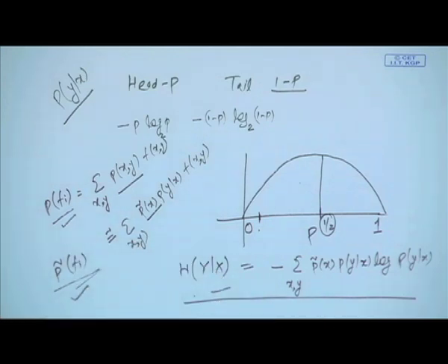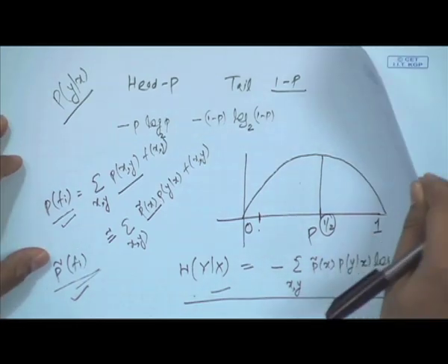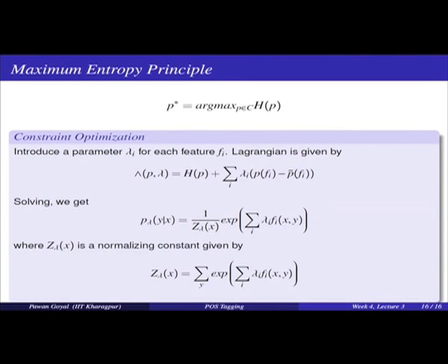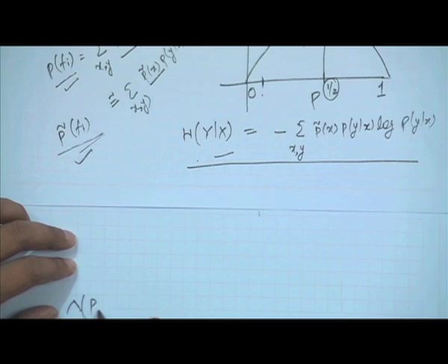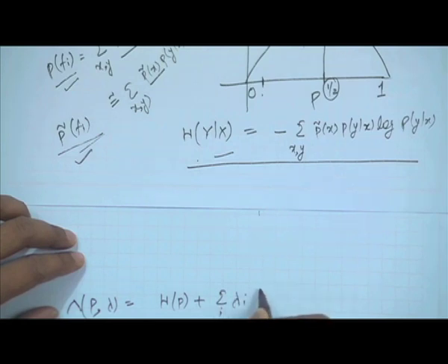For that we use the trick of the Lagrangian. I want to take the Lagrangian L(P, lambda), that is H(P) plus the sum over i of lambda i times (P fi minus p tilde fi).